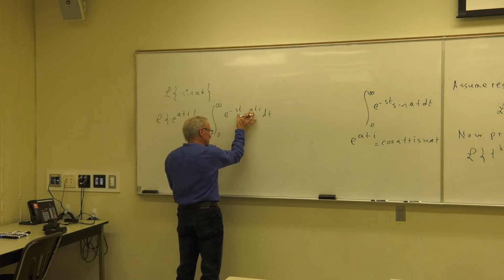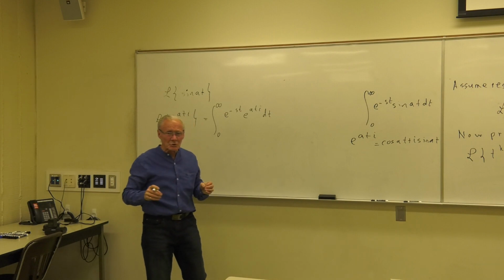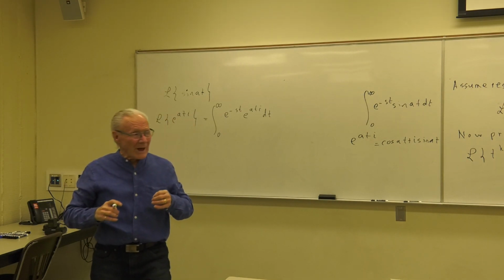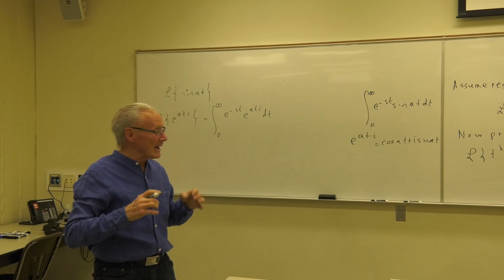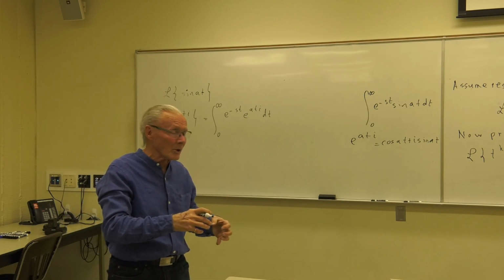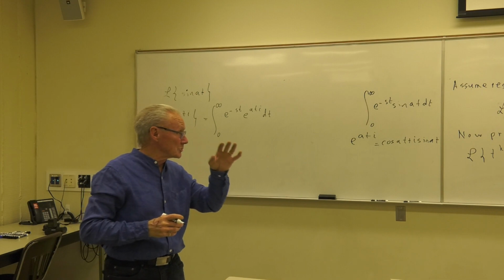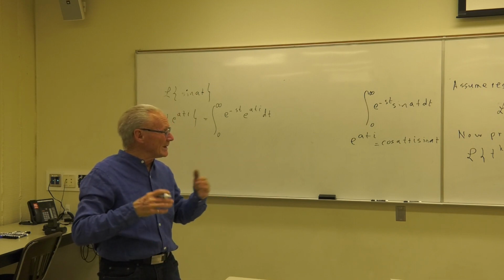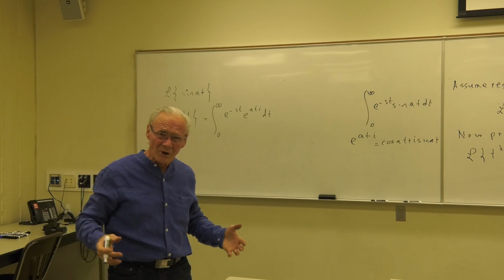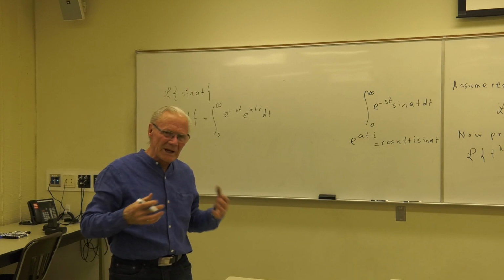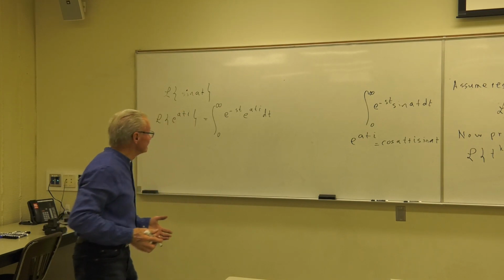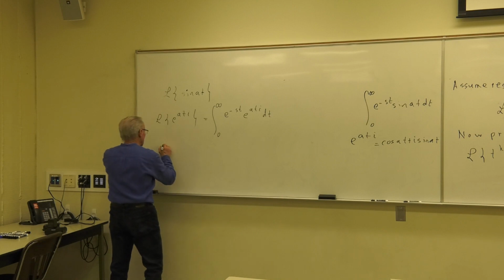I'm working with complex numbers, and I'm trying to convince you in this problem that complex numbers can be extremely valuable in this part of the course. So I'm trying to convince you now so that you won't be averse to using complex numbers. They can make many problems much simpler. All right, let's go and evaluate.